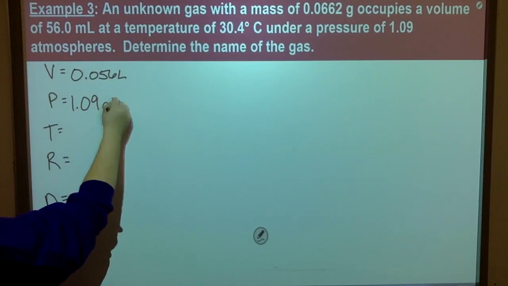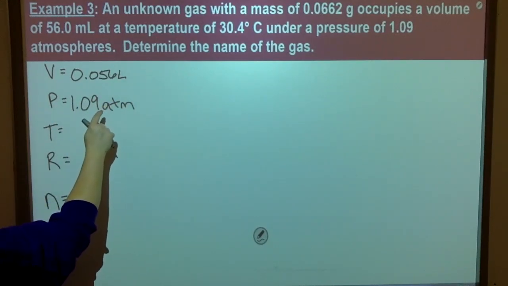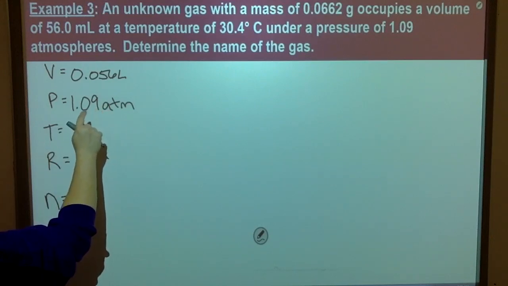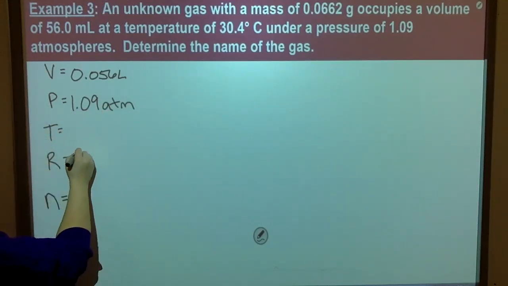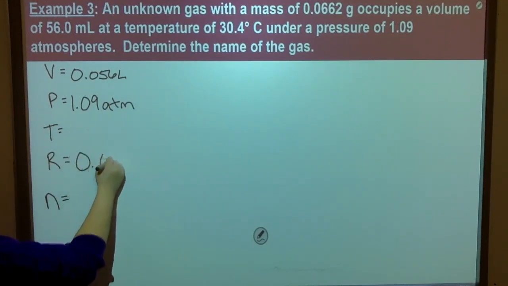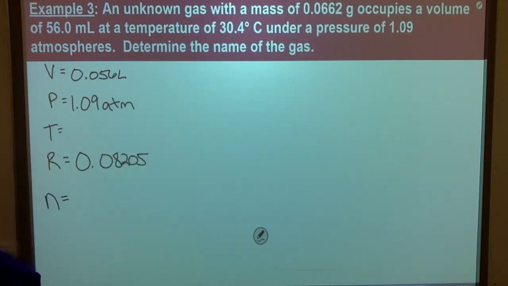Pressure is 1.09 atmospheres. Because it's in atmospheres, we're going to use 0.08205 for R. Okay, so when it's in atmospheres, you're using this smaller number.